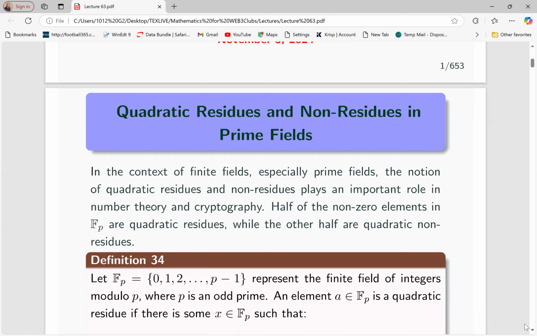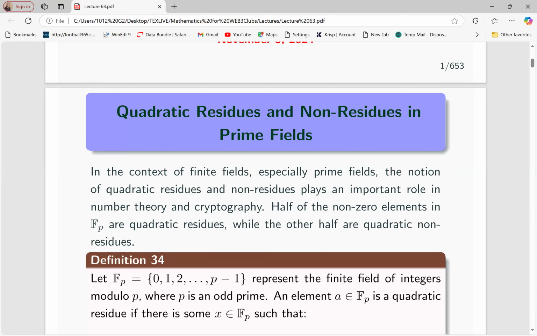Now, when we talk about quadratic residues in a given field, we just mean what numbers have square roots. That's what we mean. What numbers have square roots?